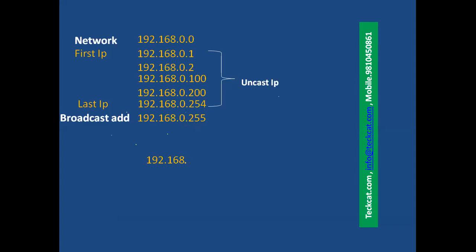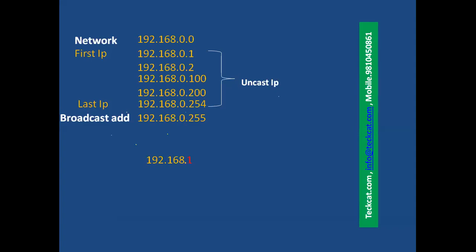When 255 is finished, 0 becomes 1, and when that happens, the network will change. Because, as you have already been told, in class C, 24 bits are network and 8 bits are host. It means that 192 is network, 168 is network, the third number is also network, but the last 0 is the host.